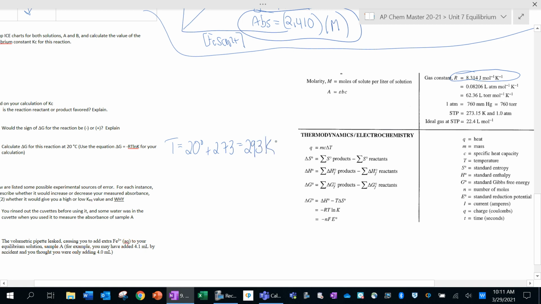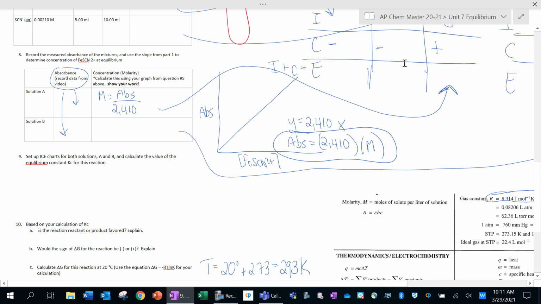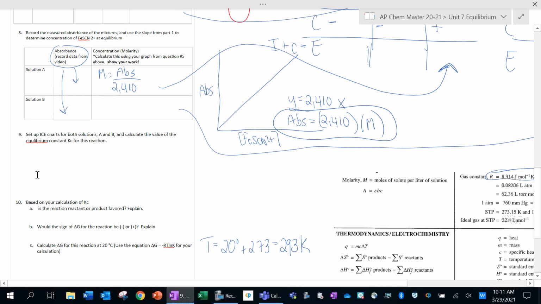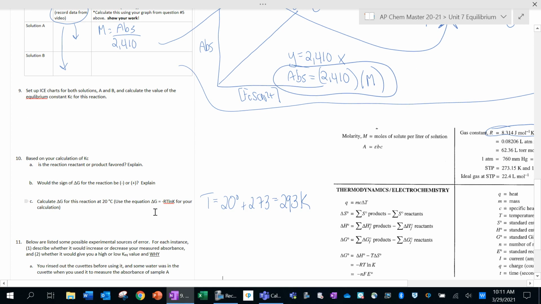And then we take the natural log of our K value, which we calculated up here in question 9. And again, if I didn't give you enough space in question 9, feel free to use the space off the side like I'm doing here in this video, or create some more space for yourself there, whatever you'd like to do. And yeah, so then you're just going to plug these in and solve for delta G.